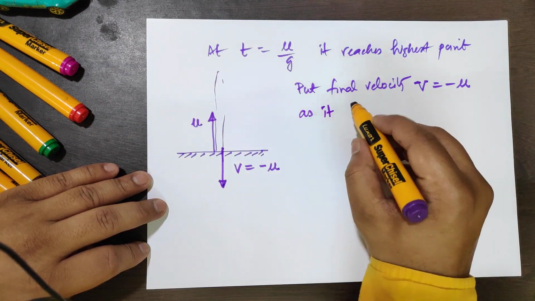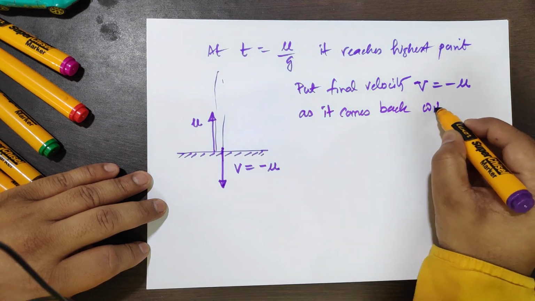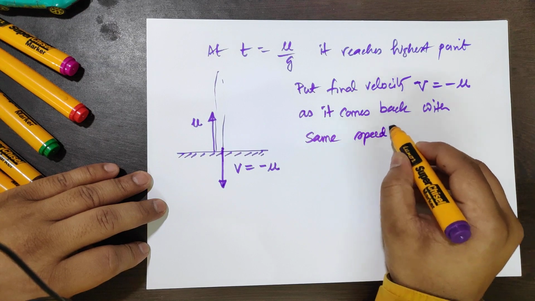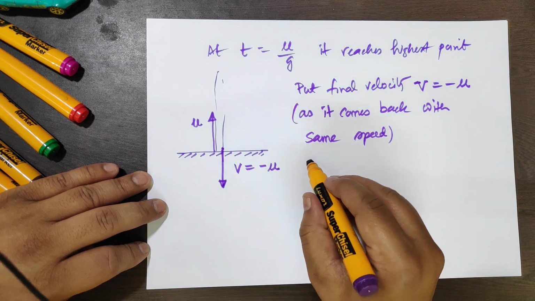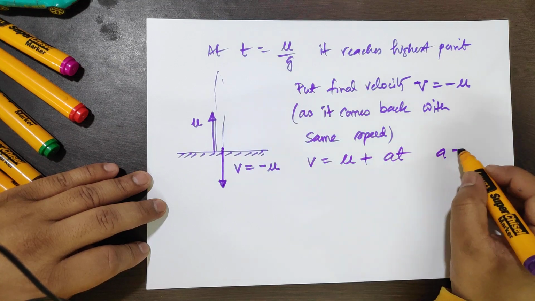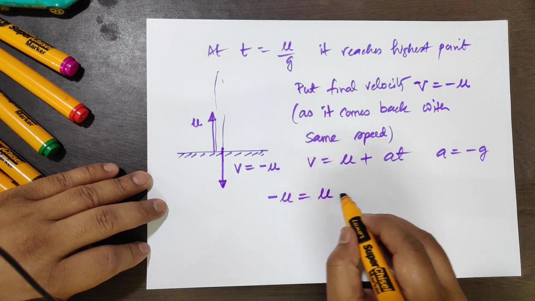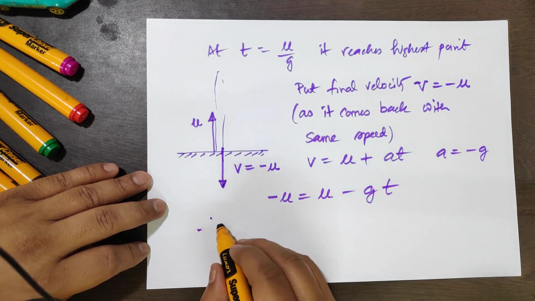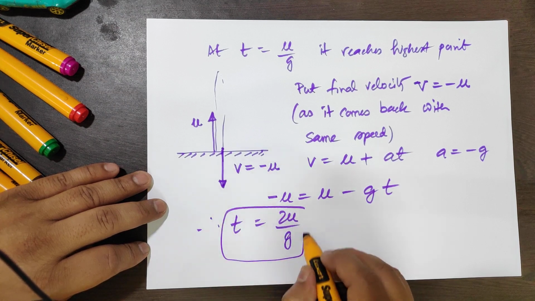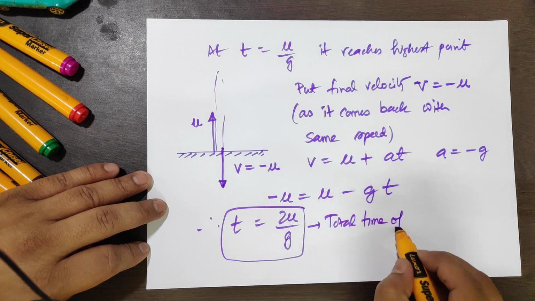So v equal to u plus at, put a equal to minus g, v equal to minus u equal to u minus gt, therefore t equal to 2u by g. So that is the total time of flight.